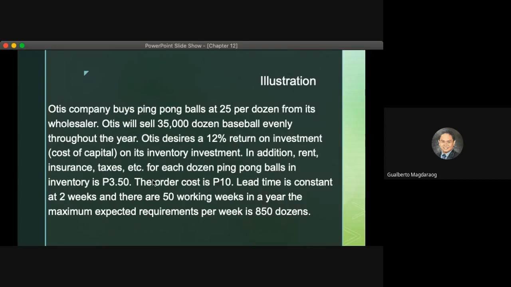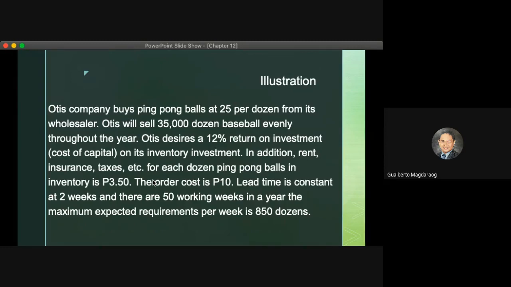In addition, rent, insurance, taxes, etc. for each dozen ping pong balls in inventory is 3 pesos and 50 cents. The ordering cost is 10 pesos. Lead time is constant at 2 weeks and there are 50 working weeks in a year. The maximum expected requirement per week is 850 dozen.